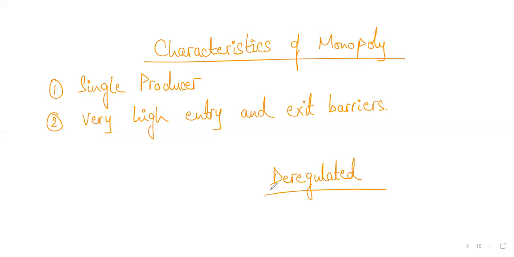As simple as that. Are you getting me? That is an entry barrier, a legal constraint: the government is not allowing any private company to provide railway services in Pakistan. That is why it's a monopoly. So we already know that the entry and exit barriers will be high, and it's not very easy for new firms to enter the market.